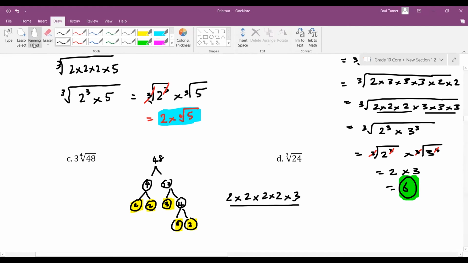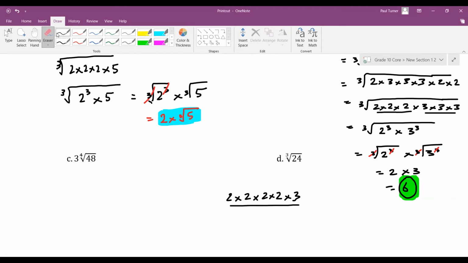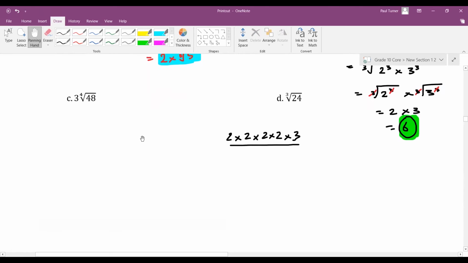Yeah, that's okay. And so I'll erase this tree so I have some space. So that's probably the quickest way to get your prime factors. Just make a factor tree. So what do we got? We got a 3 out the front, so leave that there. We got the fourth root of 48, which is 2, 2, 2, 2, 3.